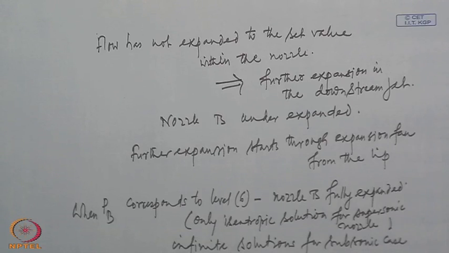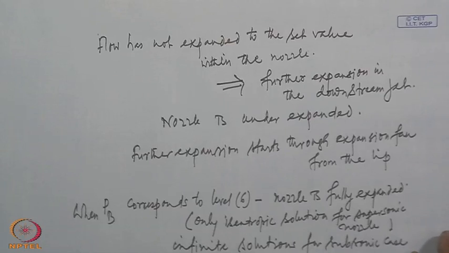This happens because in a supersonic flow the pressure ratio depends solely on the area ratio, while in a subsonic flow that is not so.